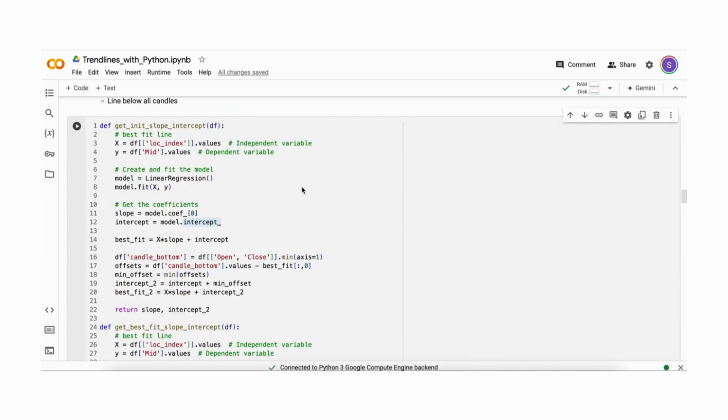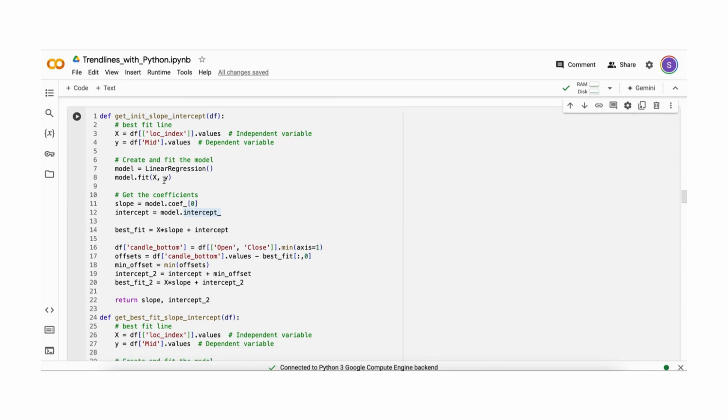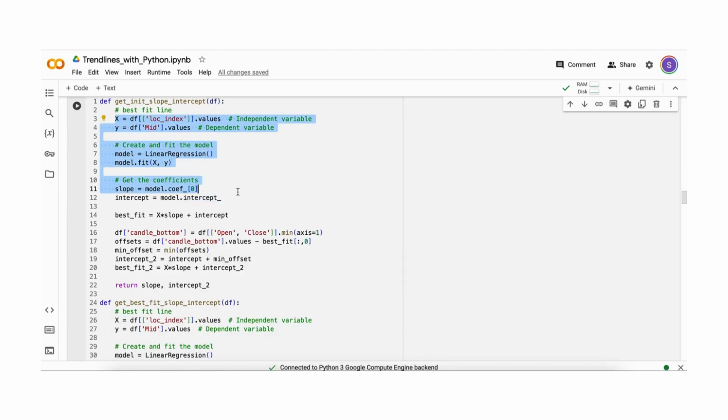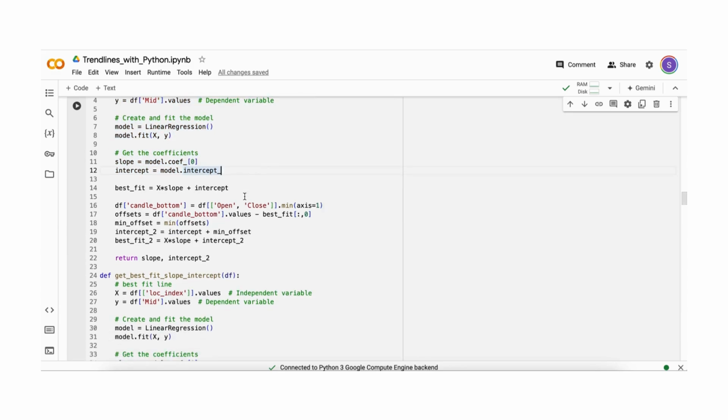The function to do that gets the initial slope and intercept, get slope init intercept. Again, it finds the slope and intercept with linear regression. And then it finds the bottom of each candle, which is the minimum of the open and the close. For green candles, the bottom is the open, and for red candles, it's the close.